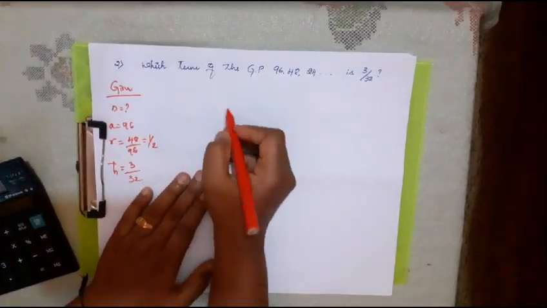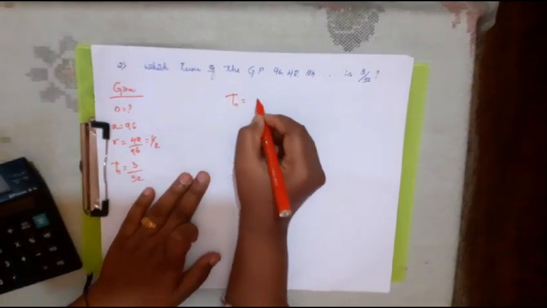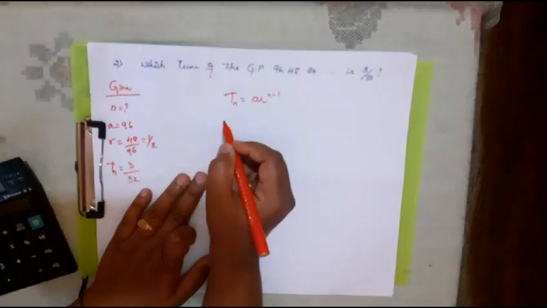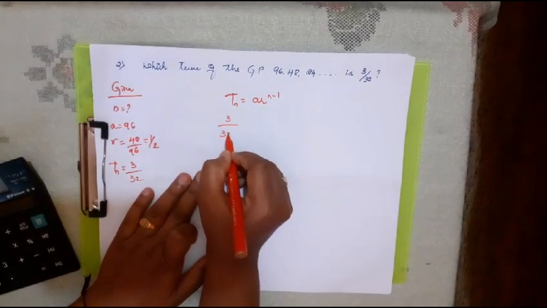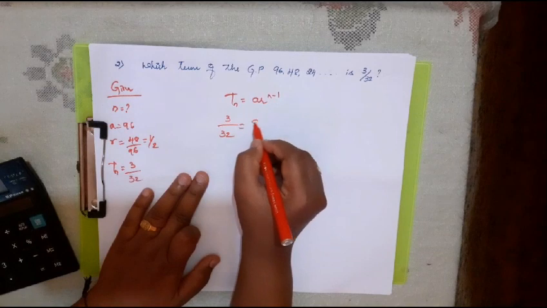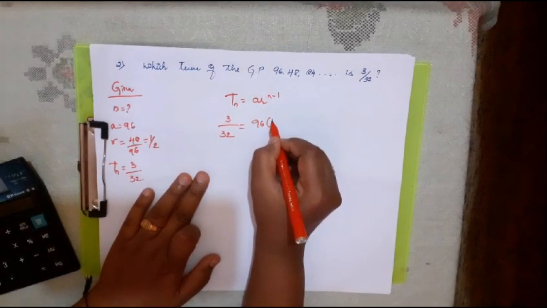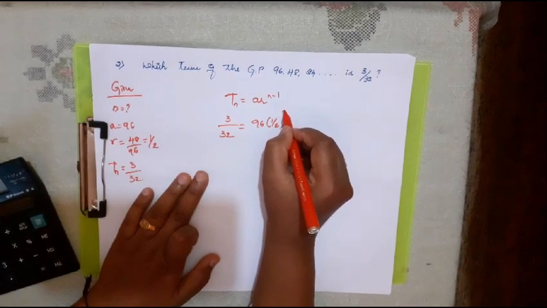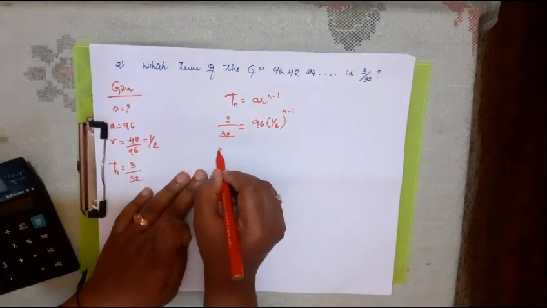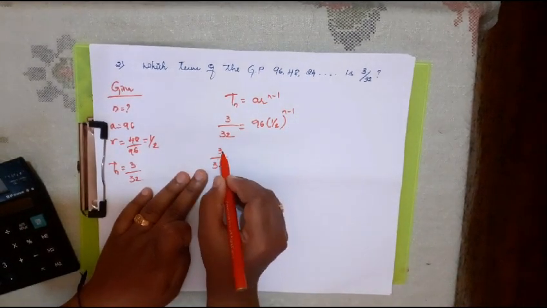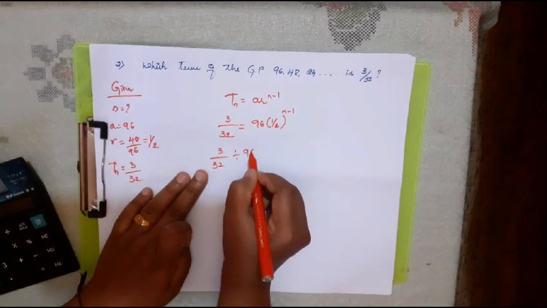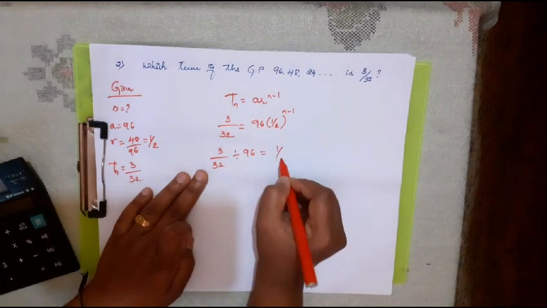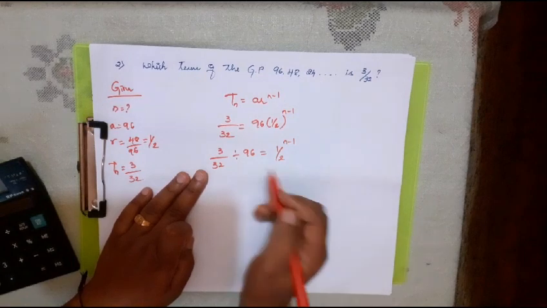So we are using the same formula: Tn is equal to AR^(n-1). Tn is 3 by 32, A is 96, R is 1 by 2 to the power n minus 1, where n we don't know, so write it as it is. So 3 by 32 divided by 96 is equal to (1 by 2)^(n-1).